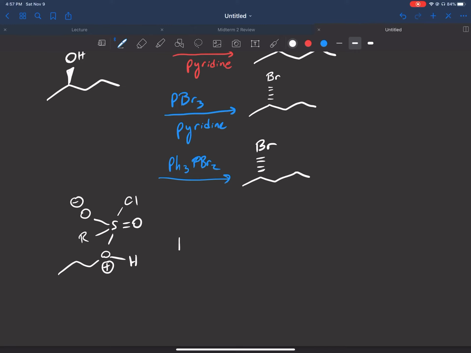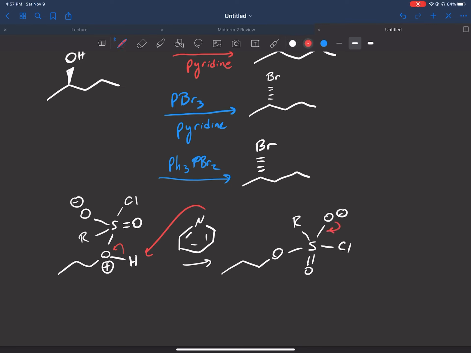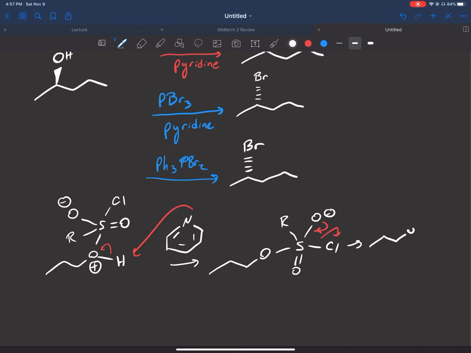What really happened is the pyridine should have grabbed the H first, giving us something that looks like this. And then the O minus came down to kick the chlorine out, giving us this. All right, that's just one quick correction I wanted to make.